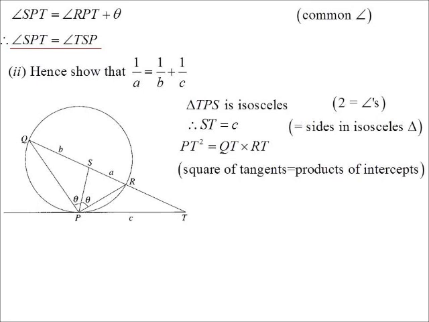So C squared, now remember we've said ST is equal to C. So QT would be C plus B and RT would be C minus A. So expanding that out, C squareds are going to cancel, and I've now got BC is equal to AC plus AB.